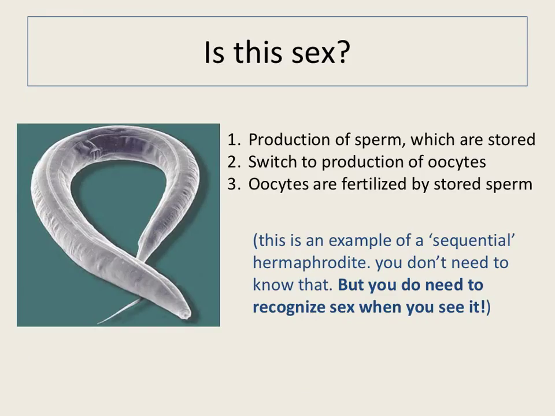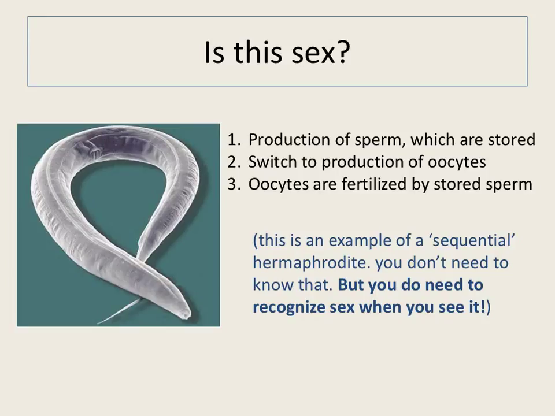So, is this sex? We have a roundworm, C. elegans, that is a model organism. It produces sperm, which are stored. It's switched to the production of oocytes, which are eggs, and then the oocytes are fertilized by the stored sperm. So these guys are actually sequential hermaphrodites.